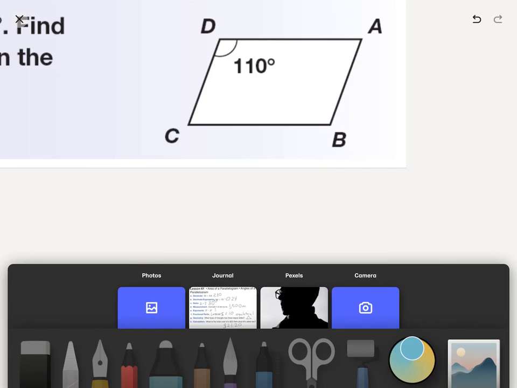Because a triangle would be half of a square or a rectangle, so the degrees of an entire triangle would be half of that. Well, I'm not going to go there. I'm just going to say all of the angles in any shape will need to add up to 360 degrees. So it's the same thing for a pentagon or a hexagon.